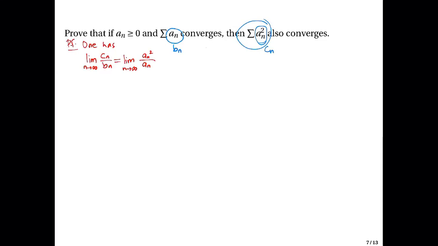Of course, an squared divided by an is just an. This is equal to the limit of an as n approaches plus infinity.